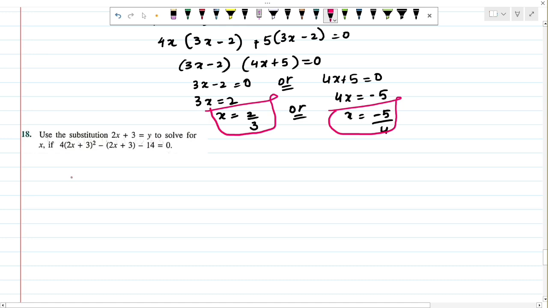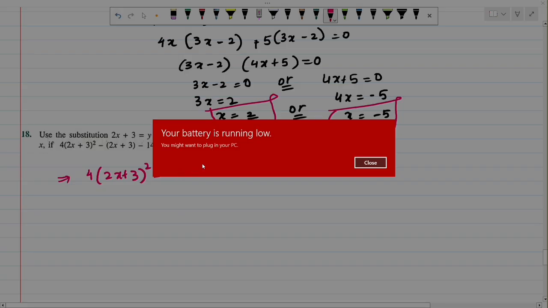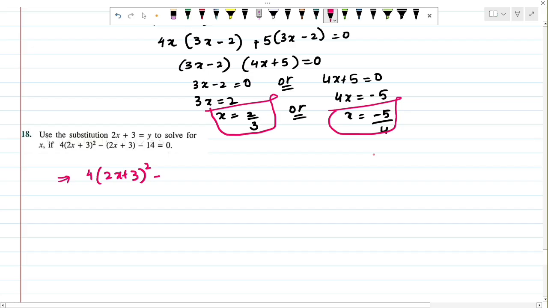So we are solving for x and I'll write the equation as 4 of (2x plus 3) whole square minus (2x plus 3) minus 14 is equal to 0.